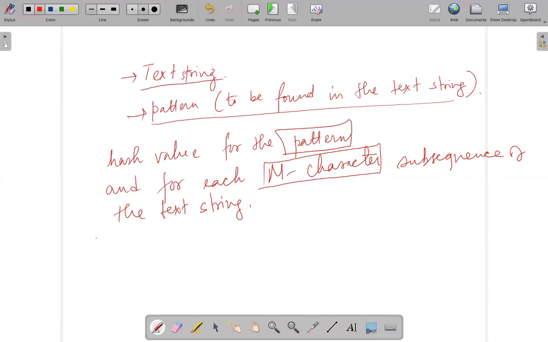Now there can be two things that can happen.